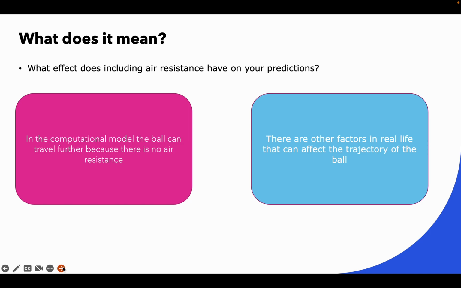For my questions, the question that I asked is, what effect does including air resistance have on my predictions? Well, in the computational model, there is no air resistance, so the ball can travel further because there is nothing stopping the ball.